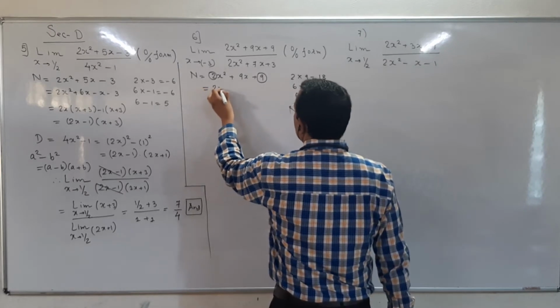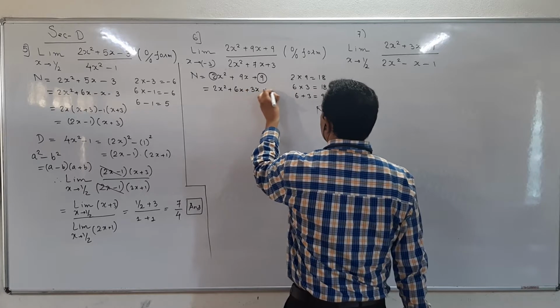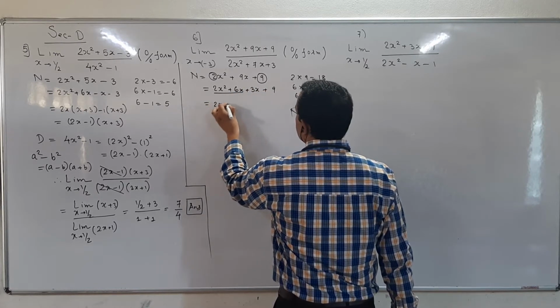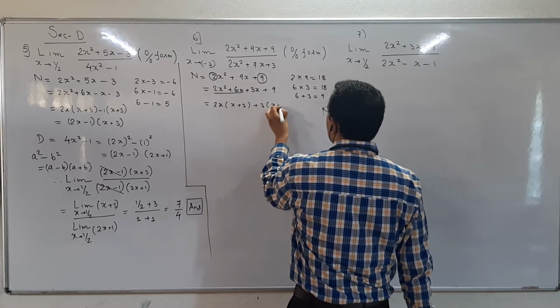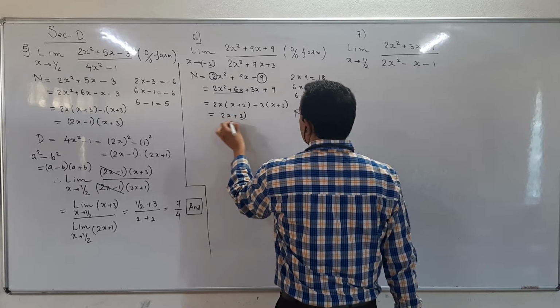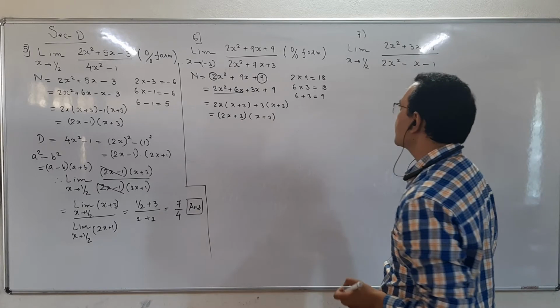So I write twice x square plus 6x plus 3x plus 9. What is common here? Twice x, so x plus 3. Again 3 common, so x plus 3. So the factorization is twice x plus 3 and x plus 3.